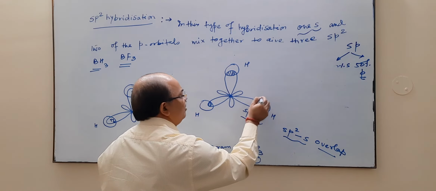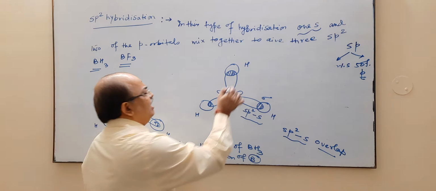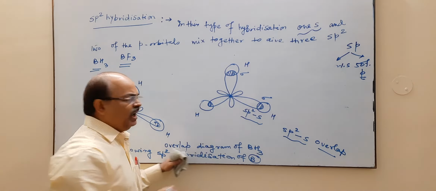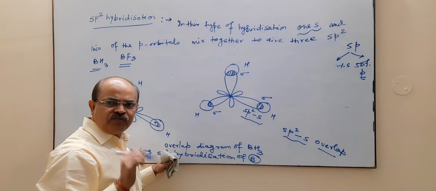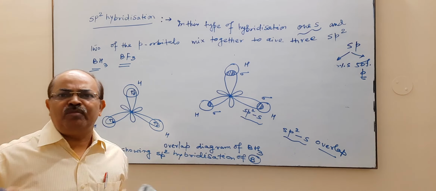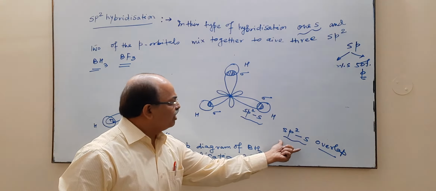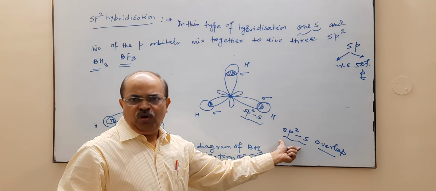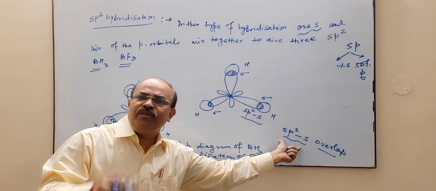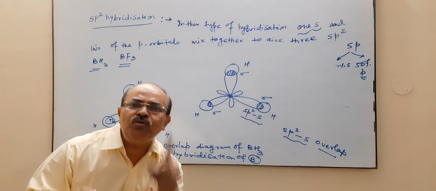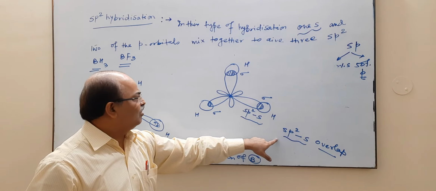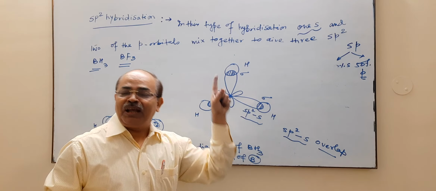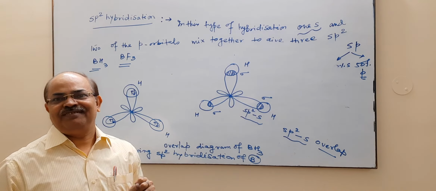Now this bond is your sigma bond. Again this bond is your sigma bond, and again this bond is your sigma bond. ये तीनों सिग्मा बॉन्ड जो बनेंगे वो ड्यू टू sp2-s overlap. All the three sigma bonds will be formed due to sp2-s overlap: sp2 of boron and s of hydrogen.